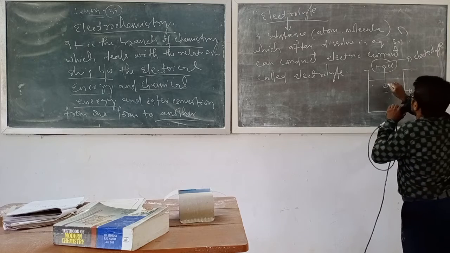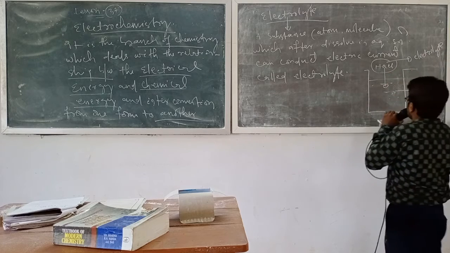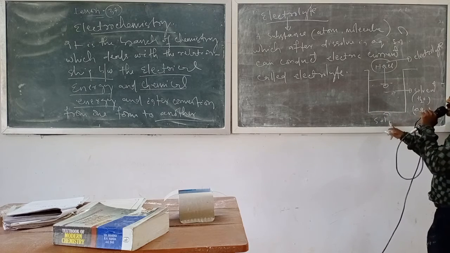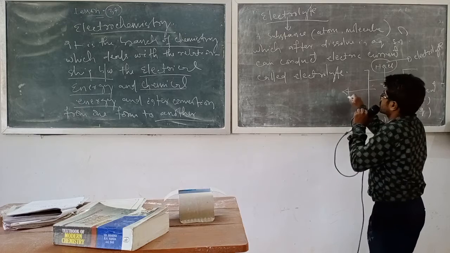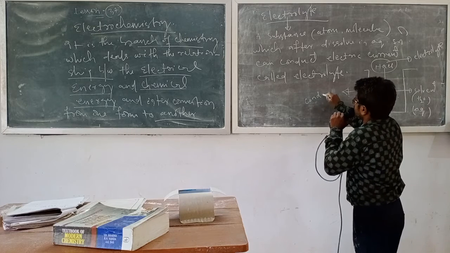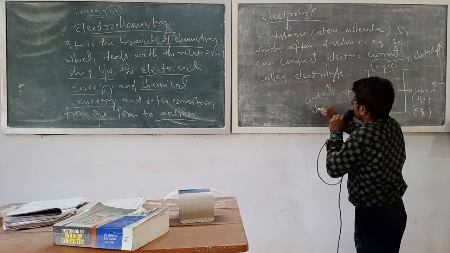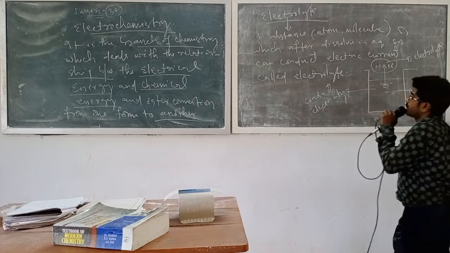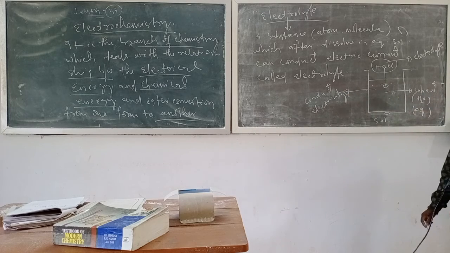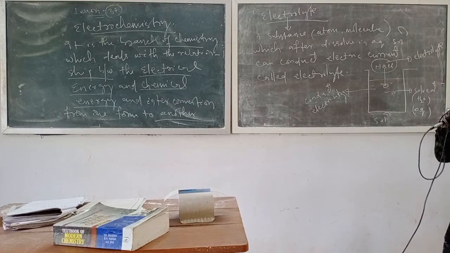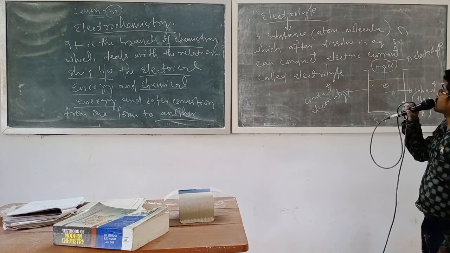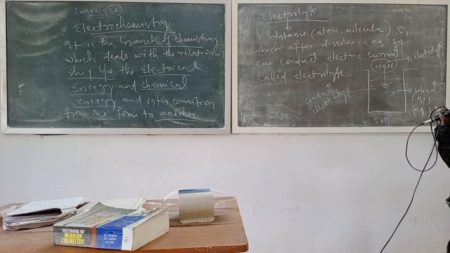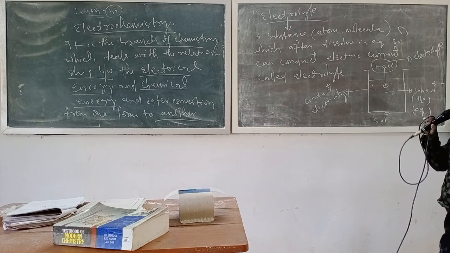When I add it to the solvent, it forms what? Solutions. So after formation of the solution, it can conduct electricity. That means electric current passes through these solutions. So it is written here: a substance, atom or molecules which after dissolving in aqueous solution can conduct electric current is called an electrolyte. Okay.